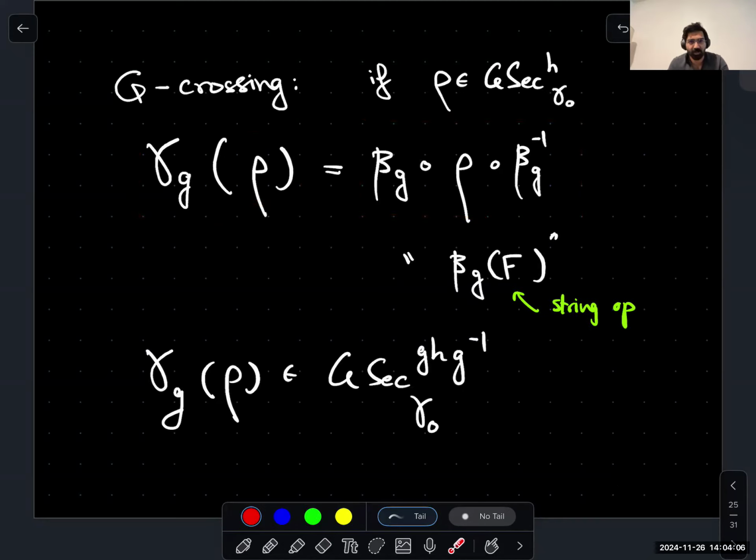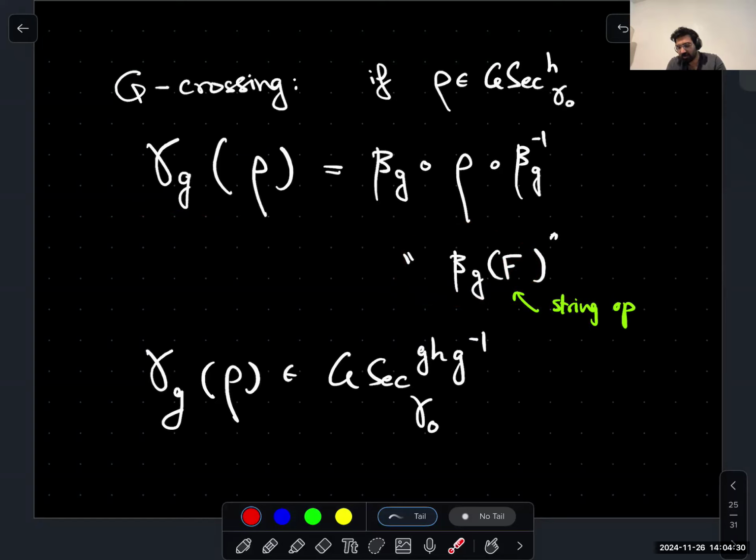This is nothing complicated, okay? If you want to be lowbrow, that is totally fine. We think of this gamma G on rho as just a fancy way of saying you have a string operator and you acted on it with a symmetry. Easy peasy, right? Nothing fancy about it.